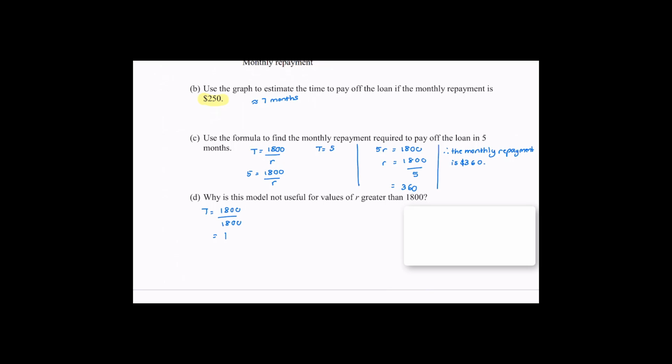Well, you could borrow $1,800 for 1 month, that's fine. But you can't use values greater than 1,800 because you don't want to be paying back more than you're actually borrowing. So that is the reason why it's not possible to have values greater than 1,800. It simply doesn't make sense. You can't pay back more than what you actually owe.